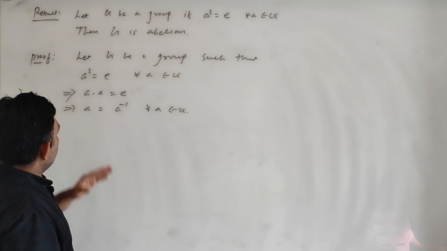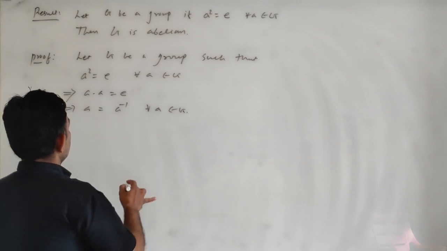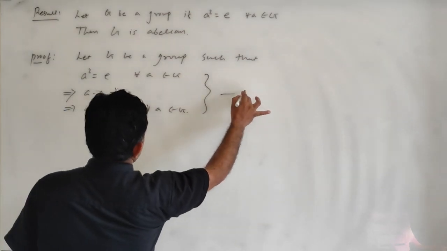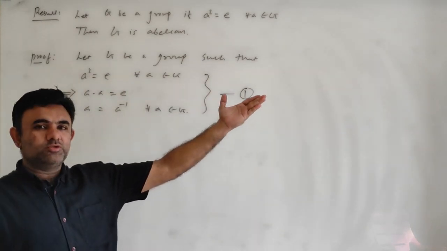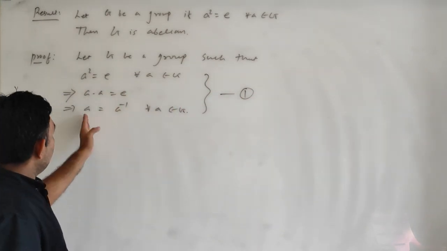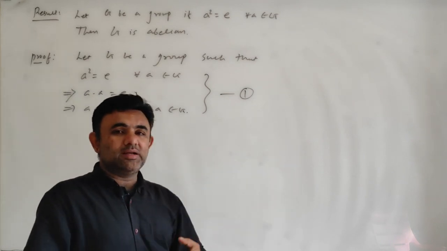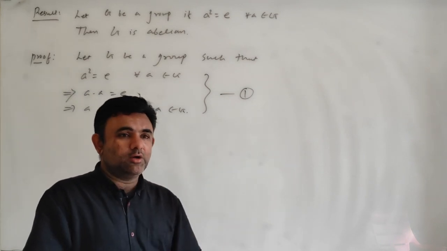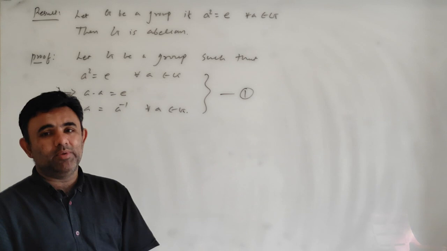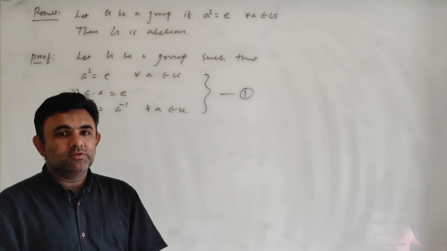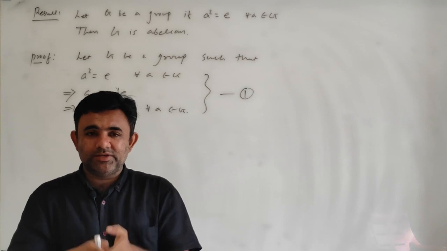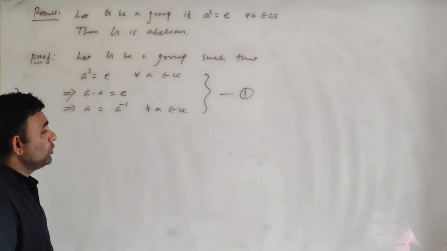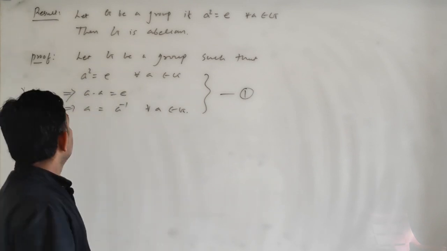Let me call this result number 1: a square is equal to identity for all a belonging to G is equivalent to the element and its inverse being the same. So we are dealing with a group in which every element is self-invertible, the inverse of every element is itself. Then the group must be abelian.